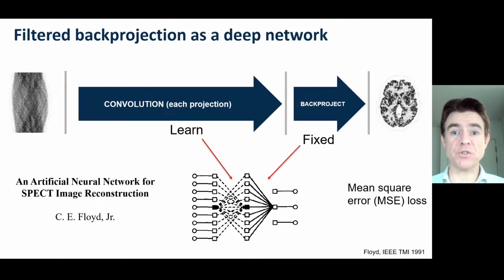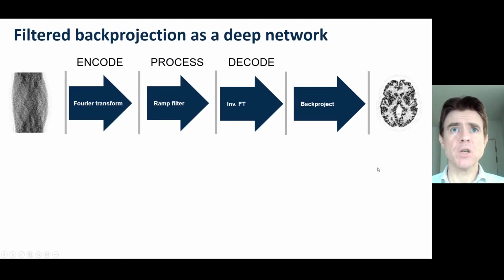And so he successfully managed to do reconstructions from learned convolution kernels. So that was a very early piece of work, introducing machine learning into emission tomography image reconstruction. And here I just want to show a fact that, of course, that linear mapping of filtered back projection could be decomposed even more into various stages.